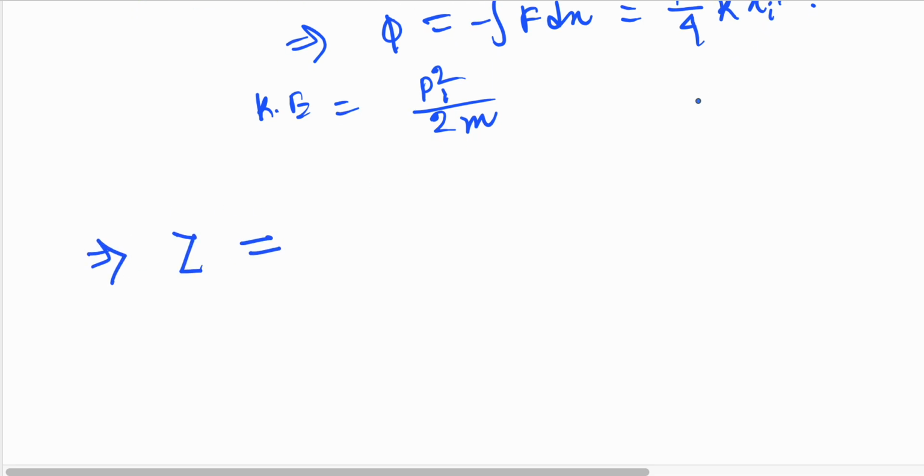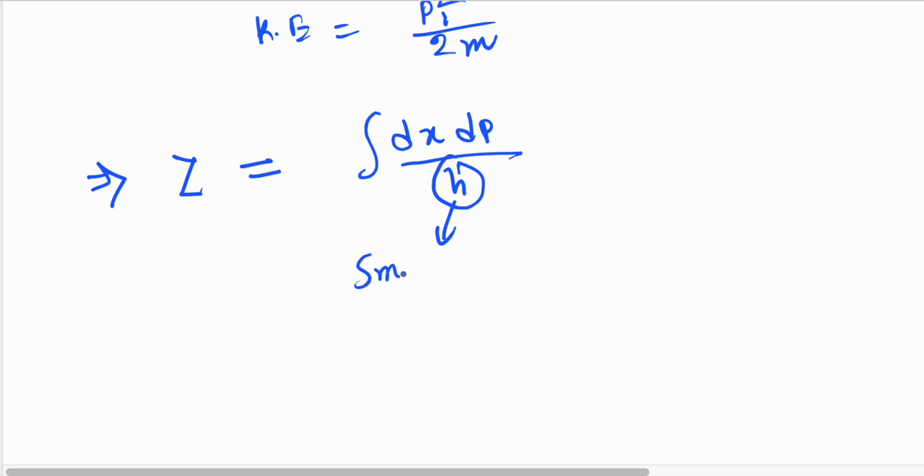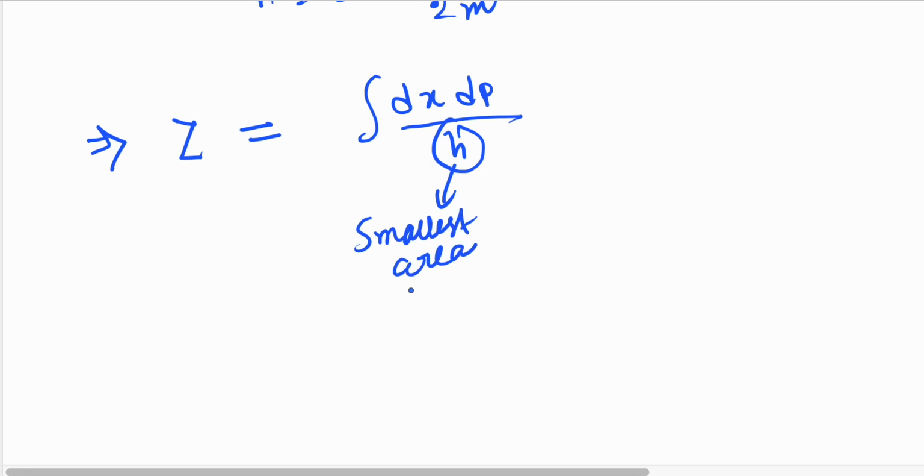Since p and x are continuous in classical mechanics, we can write in one dimension dx dp by h, the smallest area in the phase space.